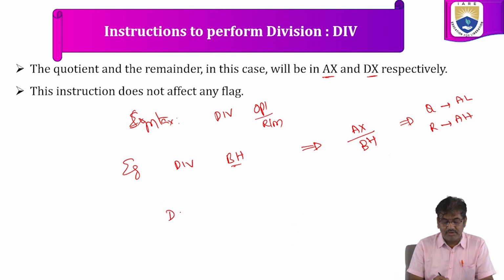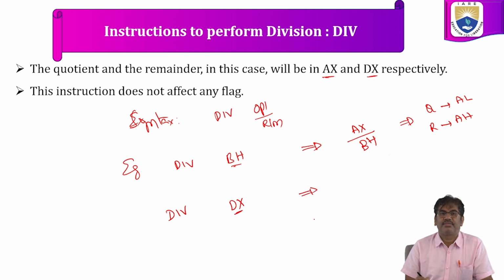The second example, div DX register. Here the dividend is 16-bit case. So dividend will become 32-bit, which will be in AX register and DX register respectively, lower 16 bits AX, upper 16 bits DX register.